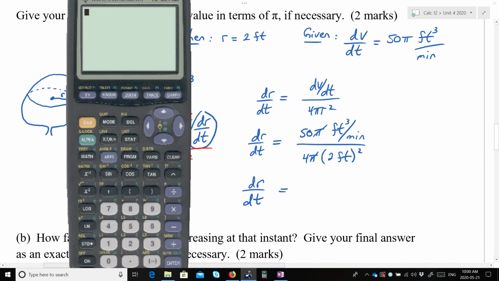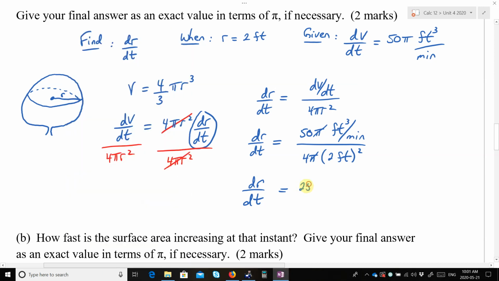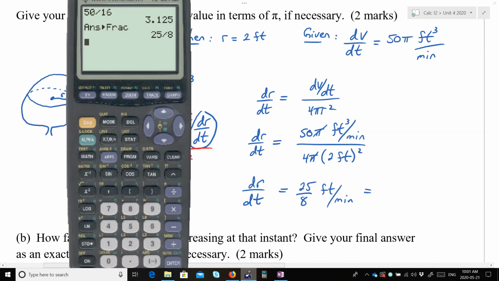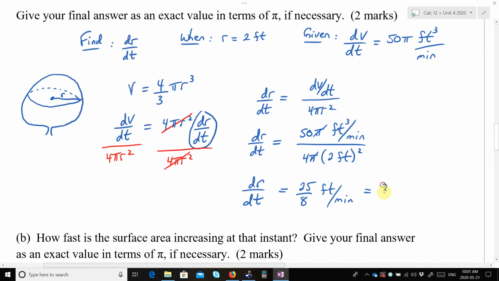So it'll be 50 divided by 2 squared is 4 times the other 4 is 16. We can fraction that if you want. Could write it as 25/8. And that's going to be feet per minute, because you'll have feet cubed divided by feet squared. Okay, which is 3.125.